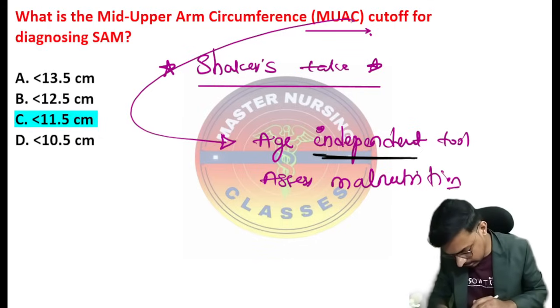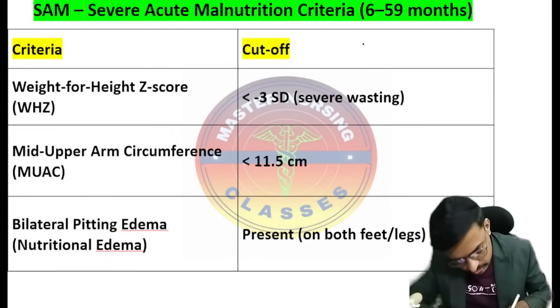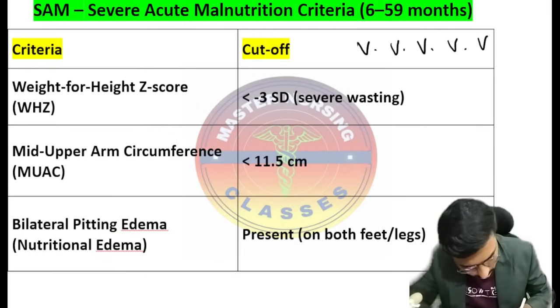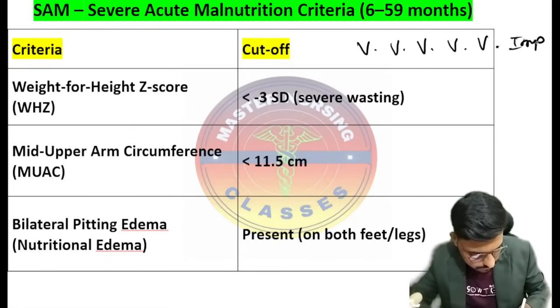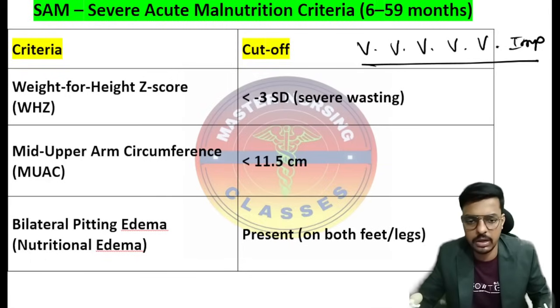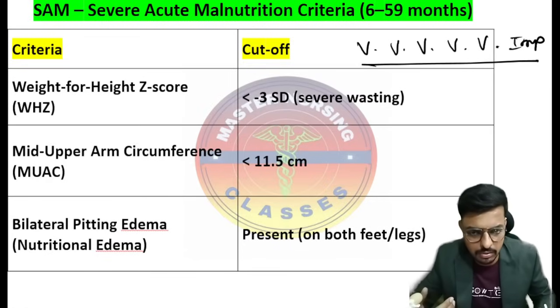Next comes the SAM criteria. This is very important, so don't forget the criteria of the SAM. You have to write it on one small paper, paste it on your wall, and send me one photo on my WhatsApp number or in my WhatsApp group.